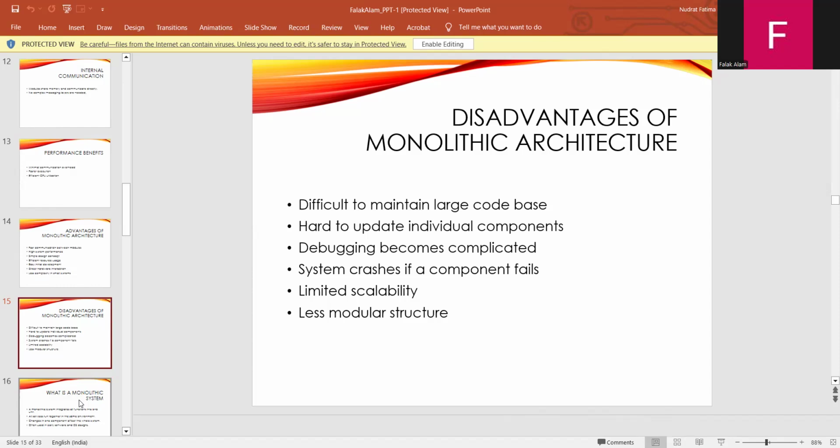A small bug in the kernel may cause the entire system to crash. So it is very important that each component works properly so that it does not result in a system crash. The scalability is also very limited.